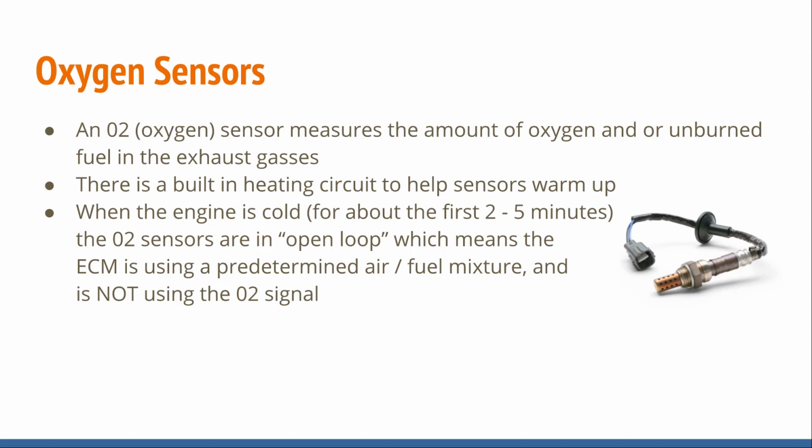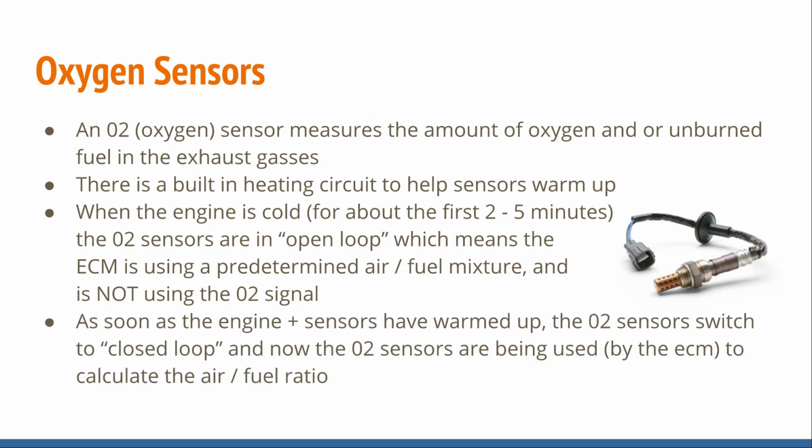We call that open loop. So open loop means the engine does not care what the O2 sensors say. But as soon as this engine does warm up, the O2 sensors switch to what's called closed loop. Now the O2 sensors are being used by the ECM to calculate the air-fuel ratio.